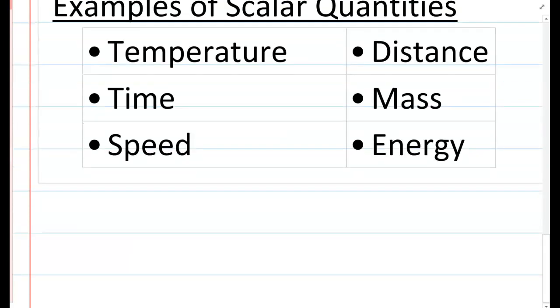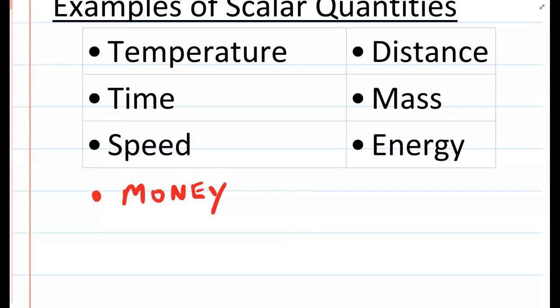Some other scalar quantities. Money. Money is a scalar quantity. Money doesn't have a physical direction. If I gave you $5 and said, what direction is the money pointing? That wouldn't make any sense. What else doesn't have physical direction? Think about your grade. Grades are mathematical quantities that describe your performance in a particular subject, but they don't have directions associated with them.